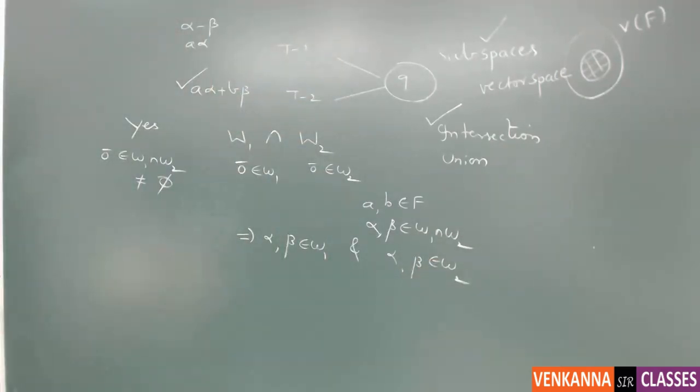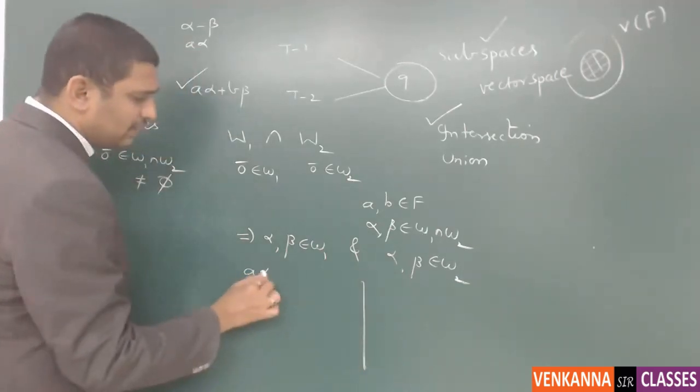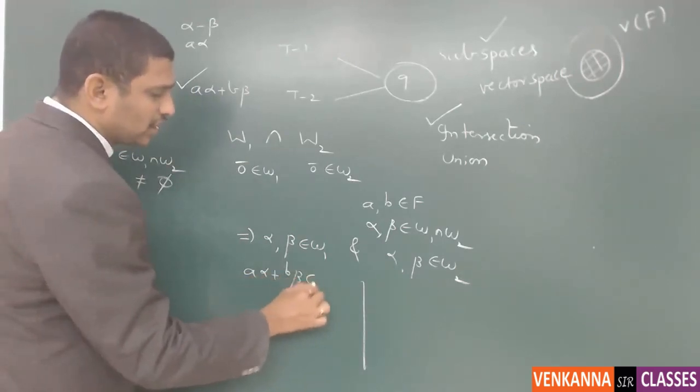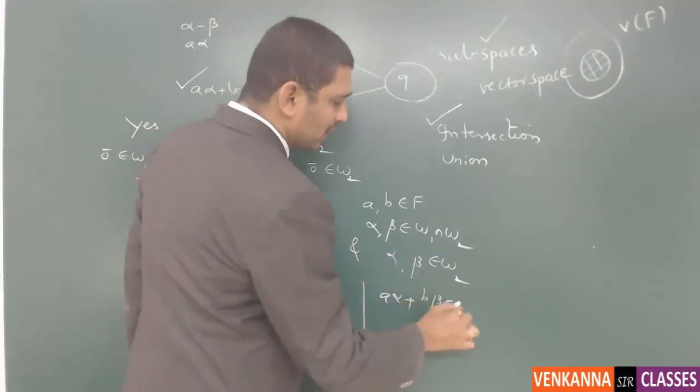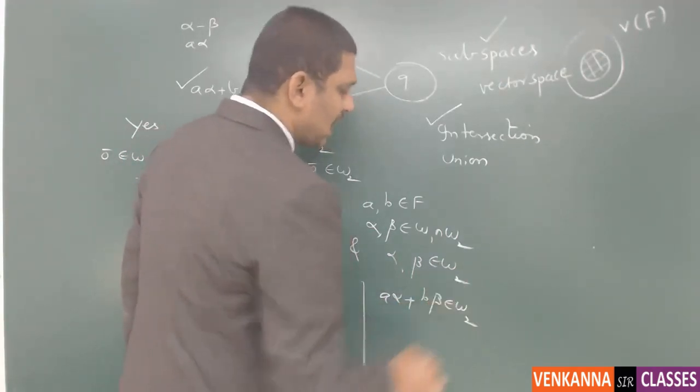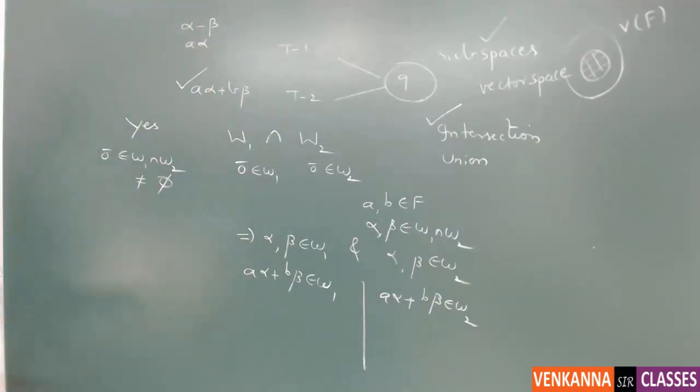Since these are subspaces, we can say that A alpha plus B beta belongs to W1, A alpha plus B beta belongs to W2, because W1 is a subspace and W2 is a subspace. So from this we say that A alpha plus B beta will belong to this intersection. Hence, by the necessary and sufficient condition, W1 intersection W2 is a subspace. So in this way you prove the result.